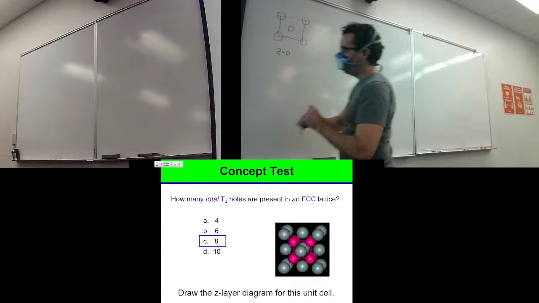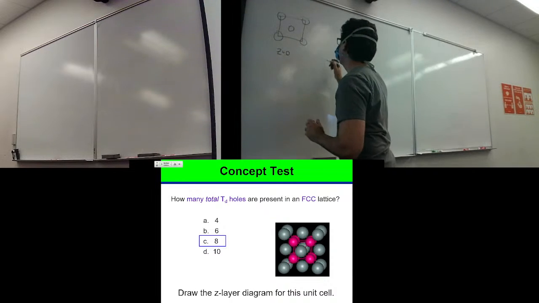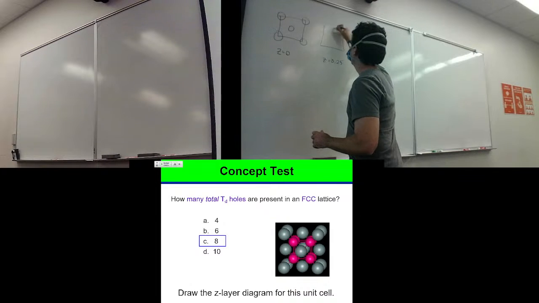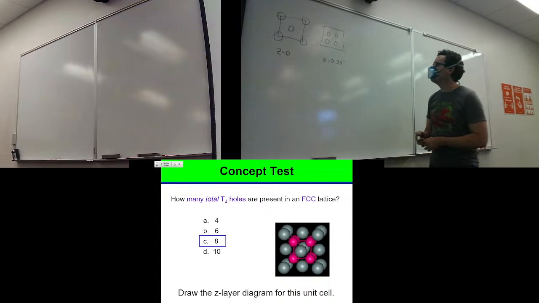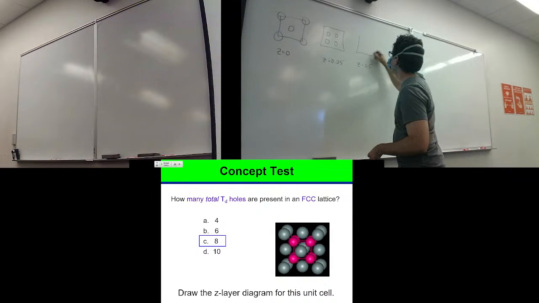But the next layer that we're going to draw, we are drawing any layer where we can cut through atoms. So this is the next layer, and that would be approximately 0.25. There's an atom here, an atom here, a position here, I should say, a hole here.